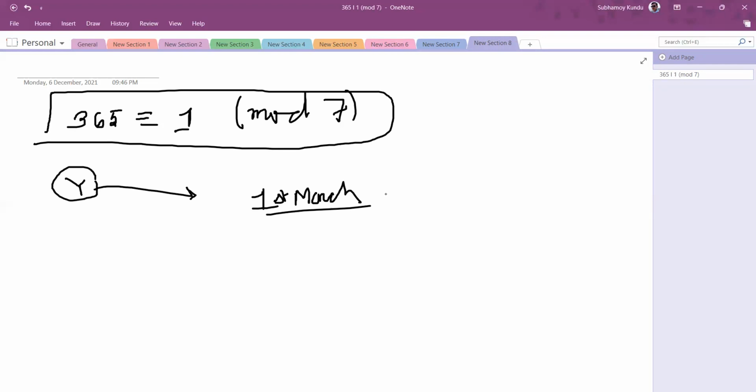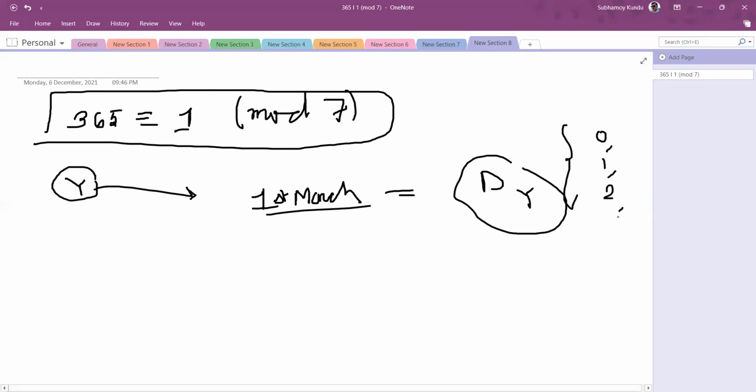Let's write it as dY. dY is nothing but a number, it could be anything, 0, 1, 2, up to 6. So let's say the first March of the calendar year Y is dY.